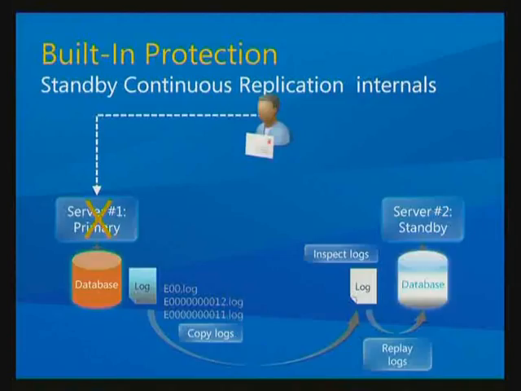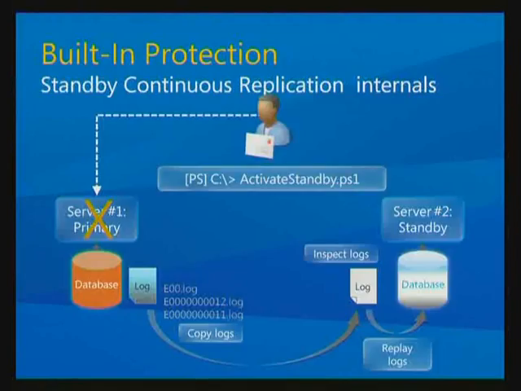Now, in the case that the primary server goes down, since it's not a cluster continuous replication, we don't have a quorum. We don't know which server is up or down. It then is a manual process by the administrator to run a script.